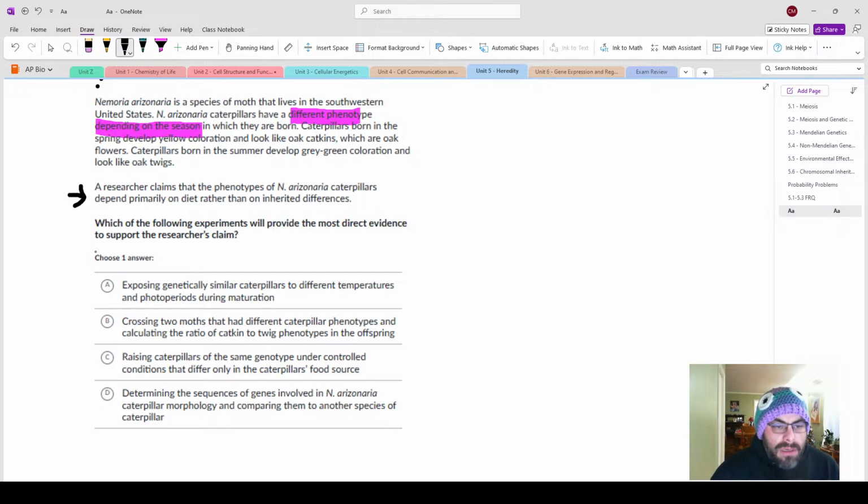This claim is putting forth that the phenotype is basically claiming that phenotypic plasticity is the cause of the changes, right? And so which experiment then is going to support the claim of phenotypic plasticity? Diet would be an environmental factor rather than inherited difference.